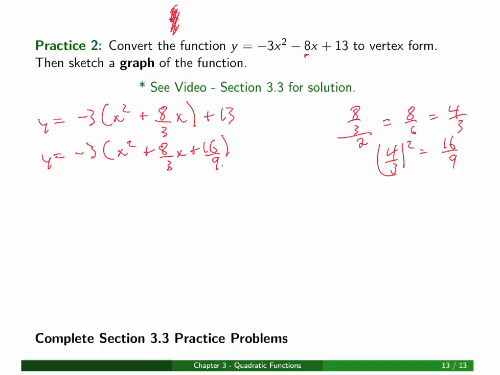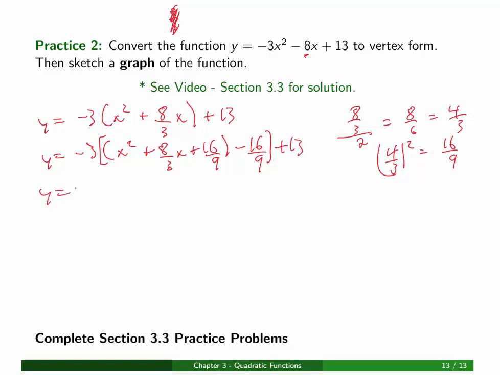Close that. And then you're going to go minus 16 over 9, which will give you some square brackets. And then of course you have plus 13.